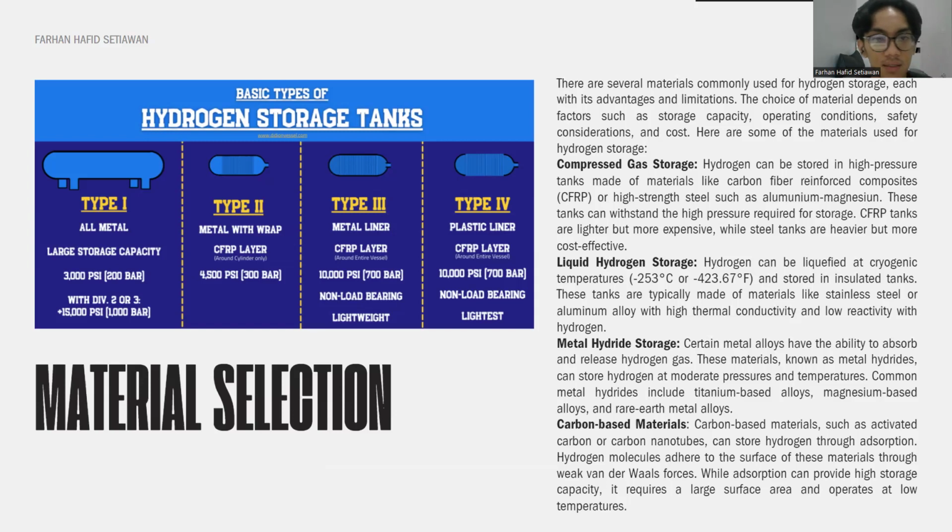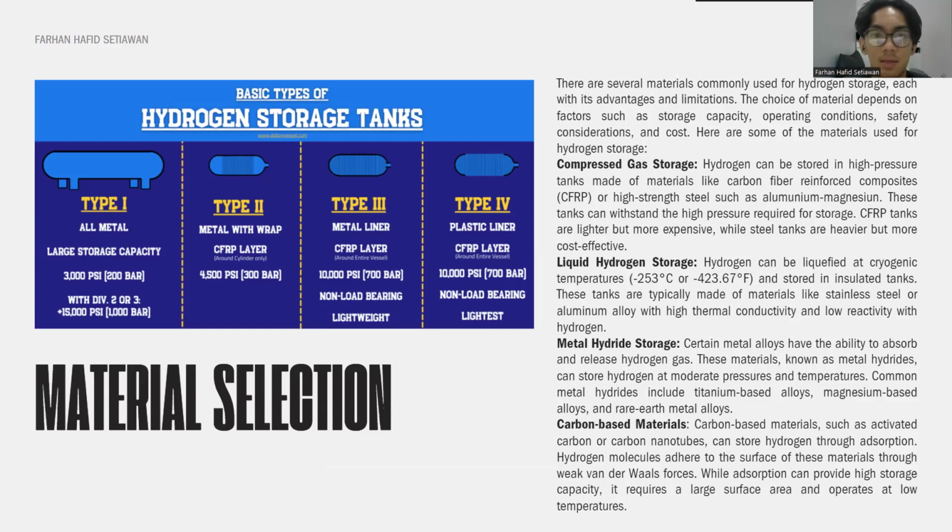Type 2 is made of metal with a wrap, with an outer and inner FRP layer, and can take some 300 bar. Type 3 has a metal liner with an FRP layer and can take some 700 bar.